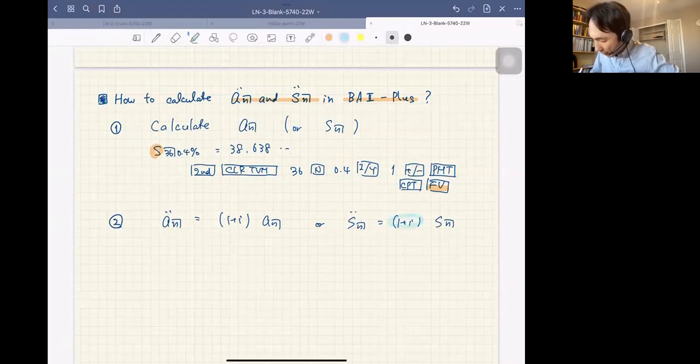We have the 1 plus i here, so you can put 1 plus i here, then you can immediately get S double dot.